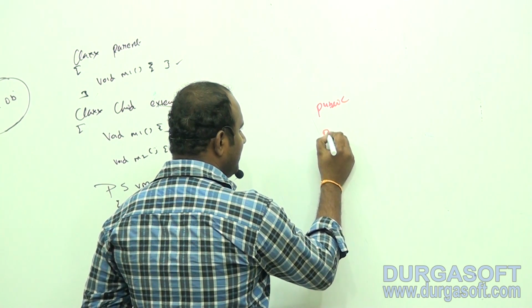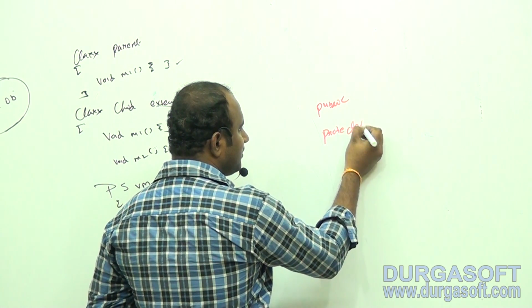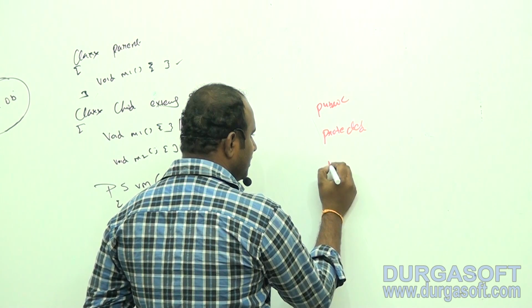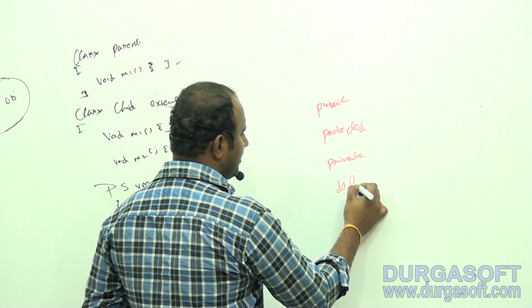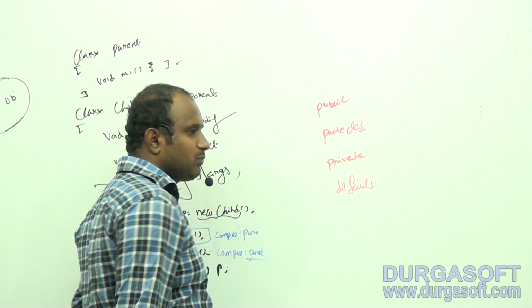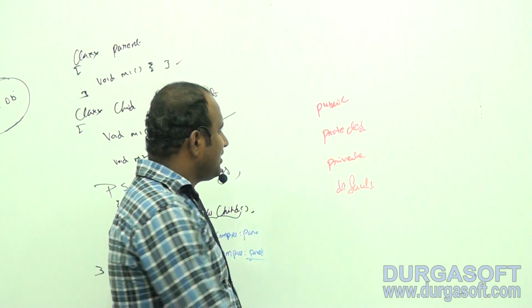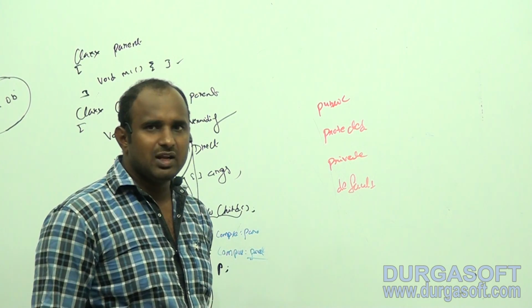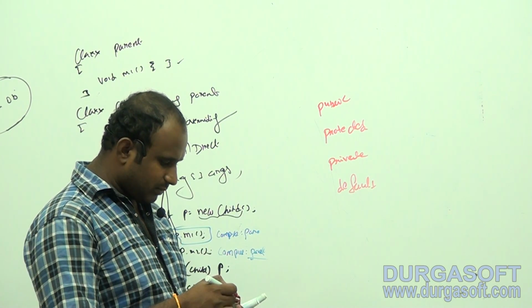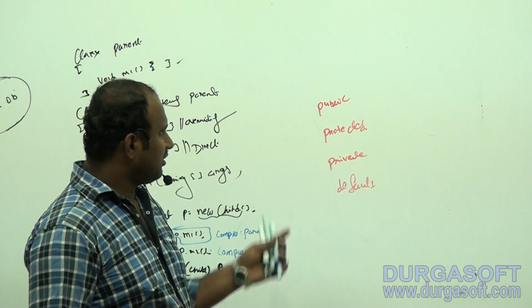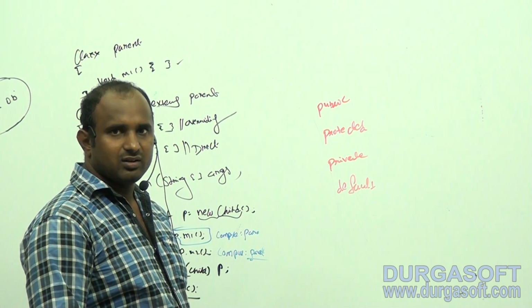Public modifier is required, protected modifier, private modifier and default modifier are required. So we must know information about these 4 modifiers. Once you know the information about these 4 modifiers, then only you are able to understand rule number 7. Ratan, what is public, private, protected, default, Ratan?